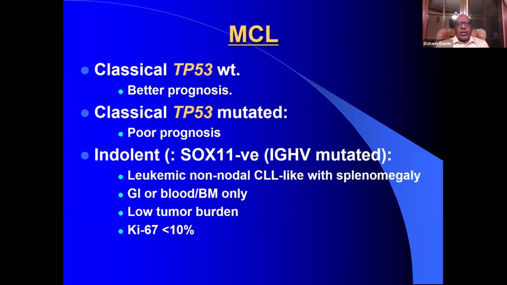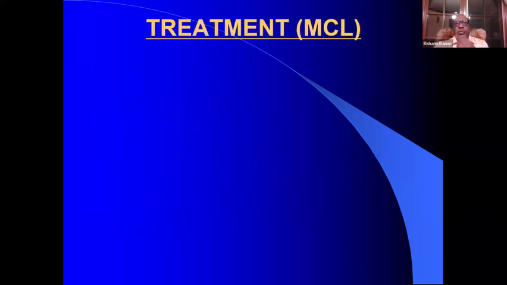It is characterized by a leukemic non-nodal CLL-like picture with splenomegaly, so you see circulating cells, no lymphadenopathy. That's indolent: GI, blood or bone marrow only involvement, low tumor burden, and Ki-67 index low, less than 10. So that's the 3 types.